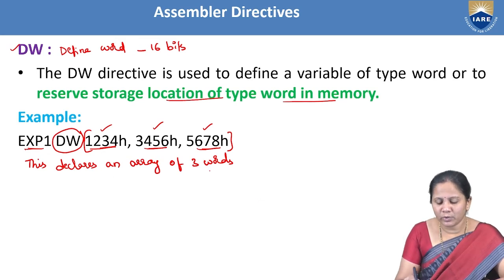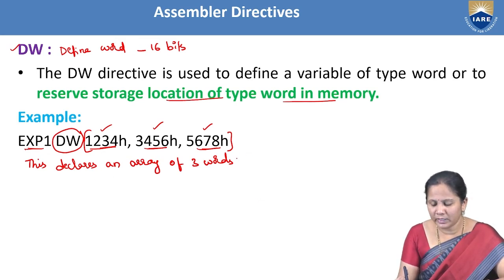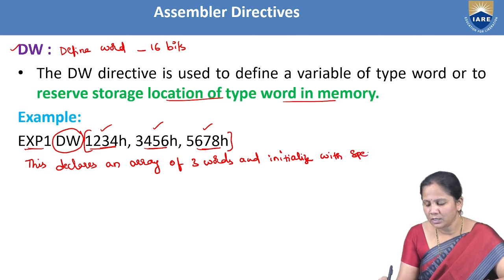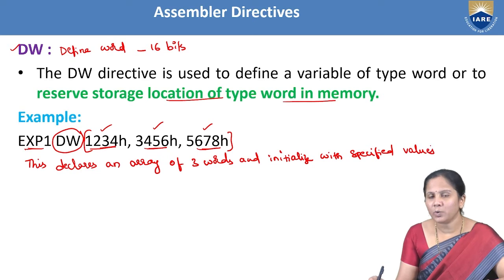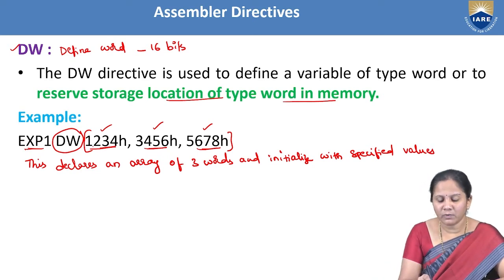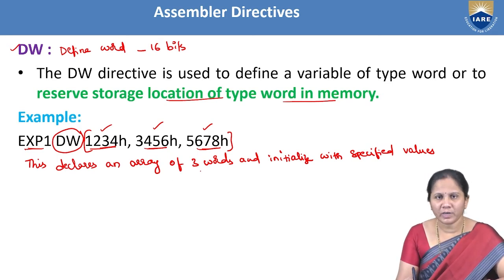So it is going to declare an array of 3 words and initialize it with the specified values. What are the specified values? Here 1, 2, 3, 4, 3, 4, 5, 6 and 5, 6, 7, 8. All these are the specified values.